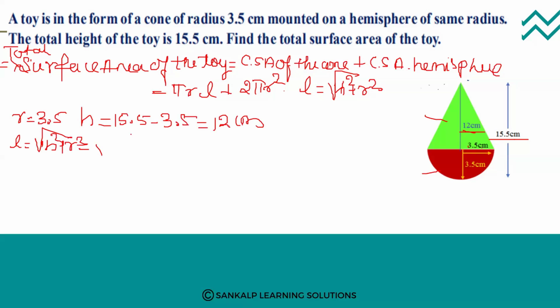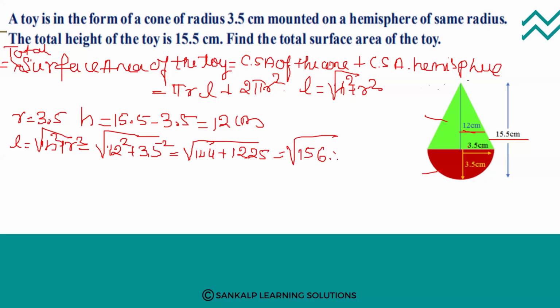H square is 12 square plus R square is 3.5 square. So 12 square is 144 plus 3.5 square is 12.25, is equal to 144 plus 12.25, that is 156.25. So square root of 156.25 is 12.5 centimeter, right?